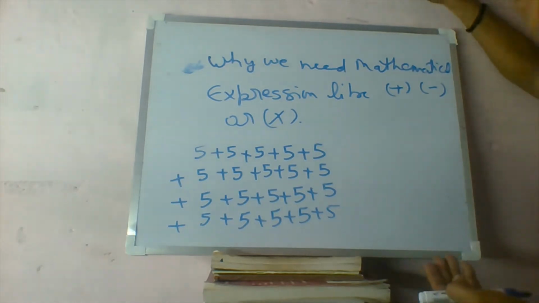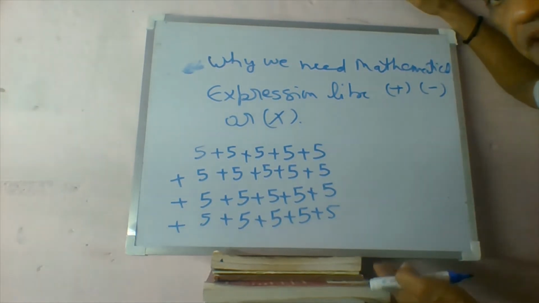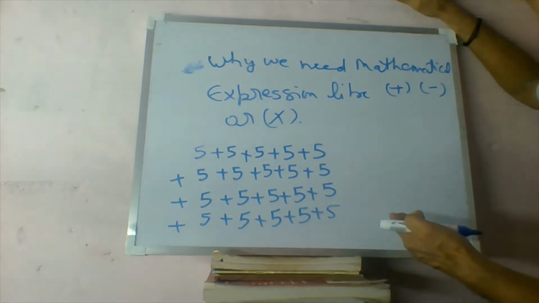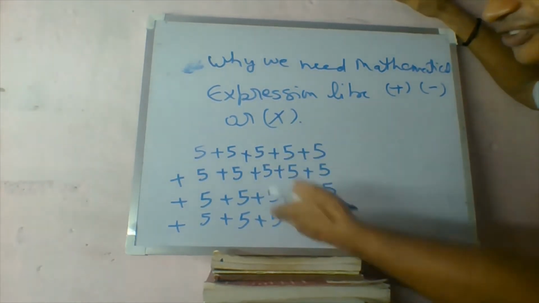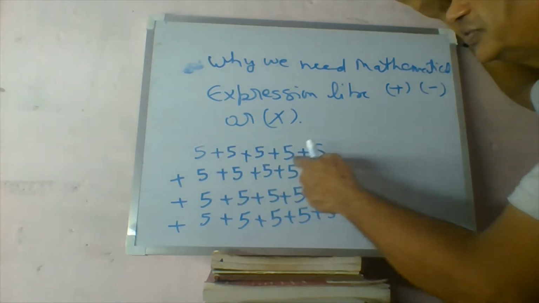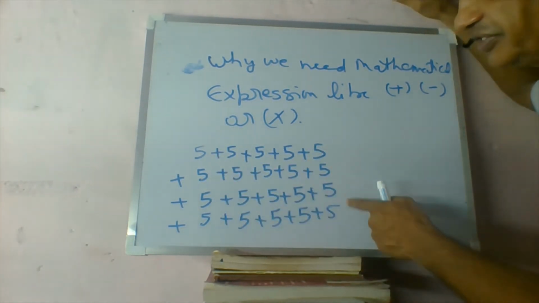See how tedious it looks. It takes so much time, it occupies so much space, and it is not obvious what we are doing. We have to count fives to know that we are adding five, 20 times: 1, 2, 3, 4, 5, 10, 15, 20.